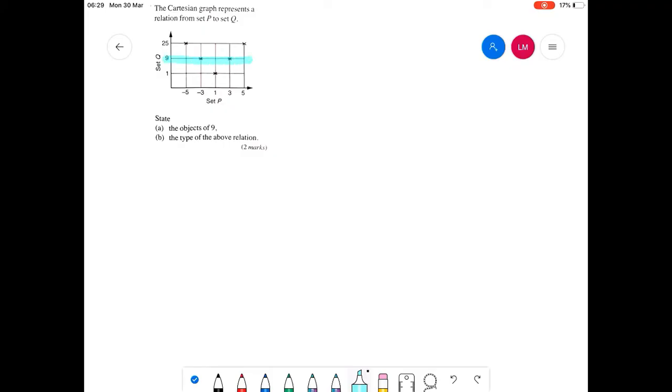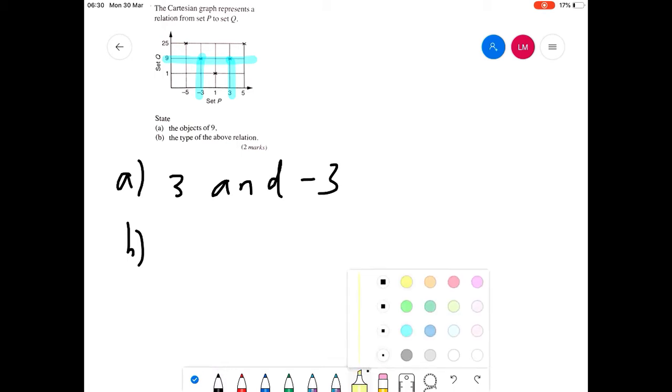Means 9 is your image, so we have two objects, which is negative 3 and 3. For part B, what is the type of the relation? So here you can see, when you go straight up, each of the objects only has one image.